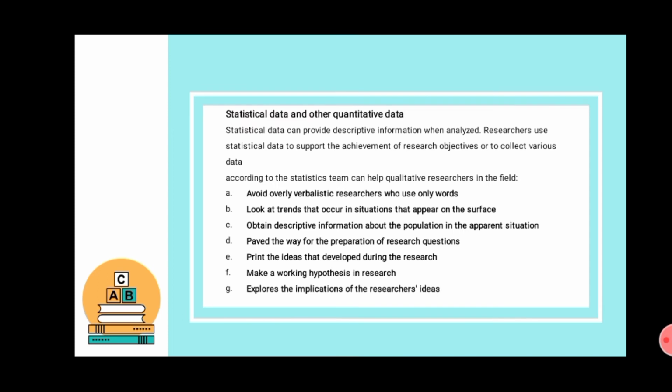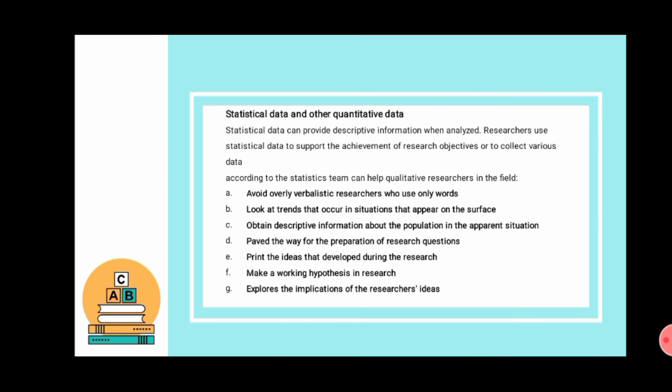Next, statistical data and other qualitative data. Statistical data provide descriptive information when analyzed. Researchers use statistical data to support the achievement of the research object or to collect various data.